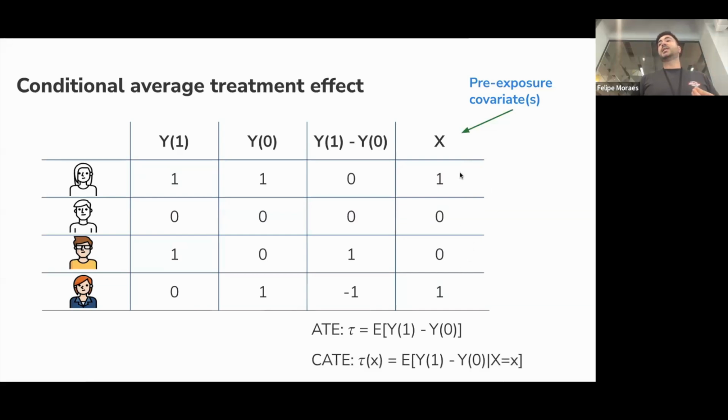So if x equals 1, I would only get the values on the first row and the fourth row. I would just take the average treatment effect for the two users where x equals 1. This is what we call the conditional average treatment effect. Any questions so far?